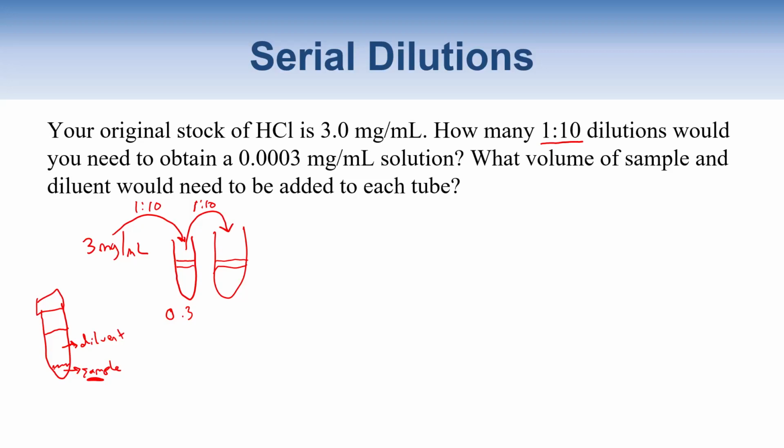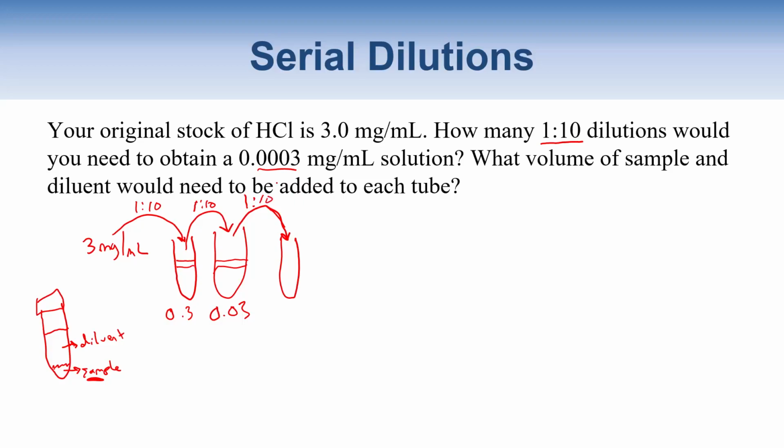And if we divide it by 10, now we get 0.03. And we'll have to do another one because we're trying to get to this final number. And this is really what you have to do, is draw them out and then report what the numbers are under the tubes, so you know what the concentration of solution is in each one of the tubes.